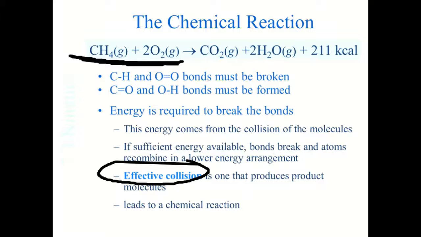There's plenty of that in the air, but they don't always break and form carbon dioxide and water because you don't have the energy to break the bonds. So this is an ineffective collision, a collision where they're just bouncing off very lightly. Like the ping pong balls that you throw at the window, are you likely to break it? That's an ineffective collision, but a baseball with the right energy will shatter the glass. And that's the kind of energy we need to break bonds.